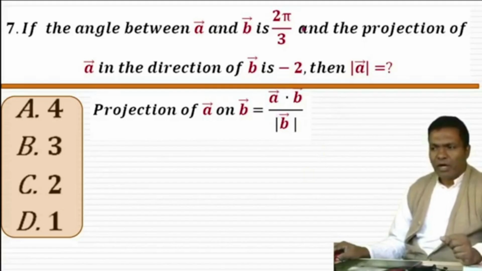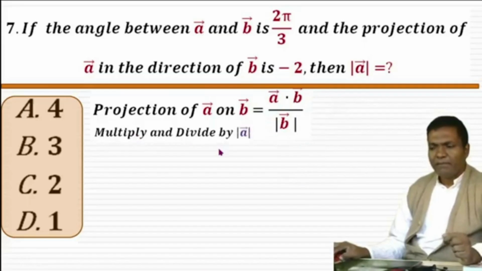Now see here, you are given the angle between vector A and vector B as 2 pi by 3. Okay. So you make some arrangement here. Try to convert this in terms of cos, because we know that cos theta is vector A dot vector B by magnitude of A into magnitude of B. So I multiply and divide by magnitude of vector A so as to convert it into cos theta.